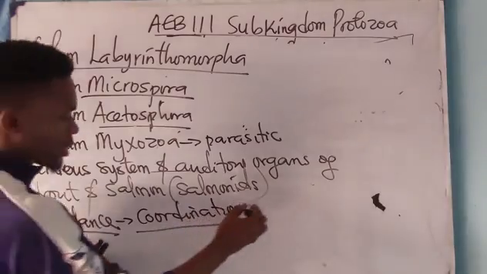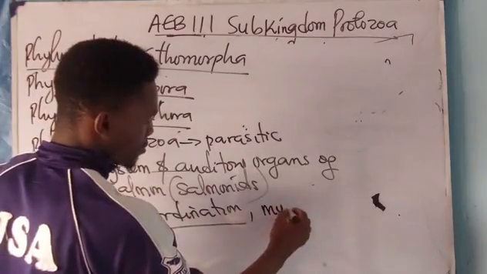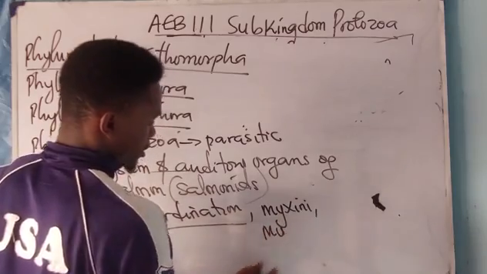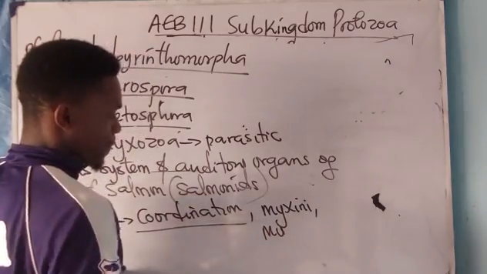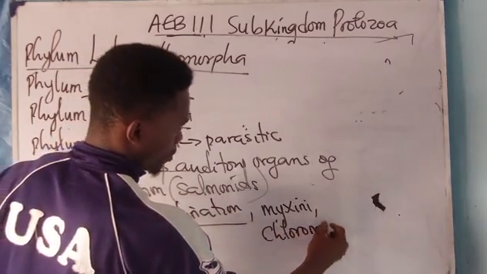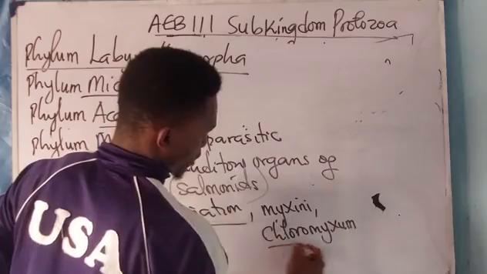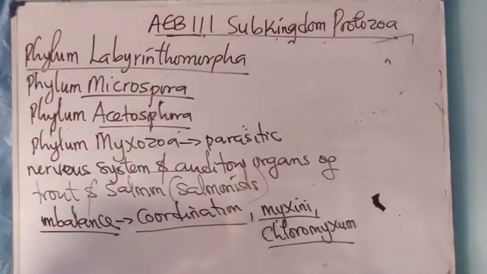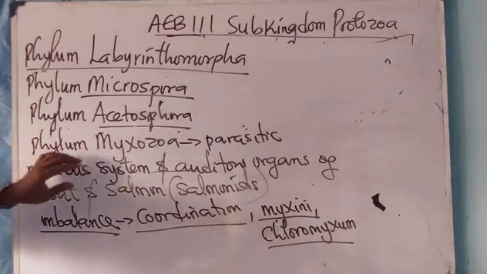Good examples are the Myxobolus and Chloromyxum. Alright, Chloromyxum and Myxobolus are good examples of what?